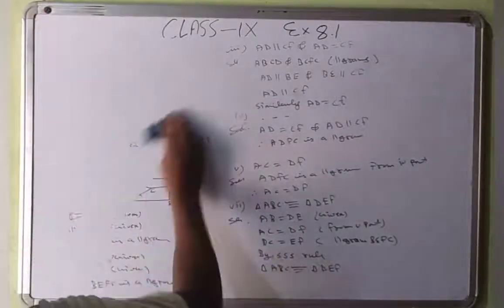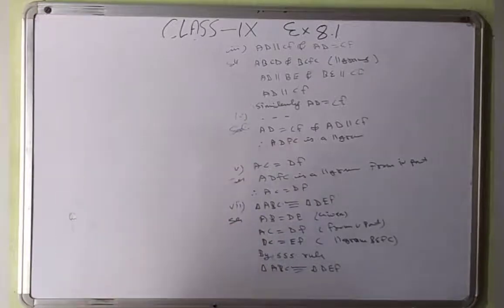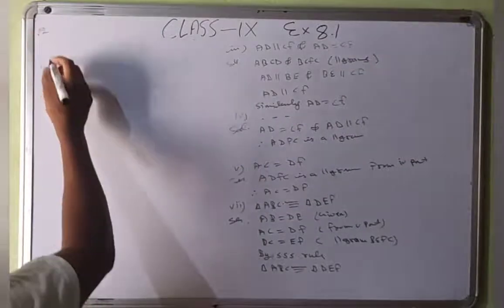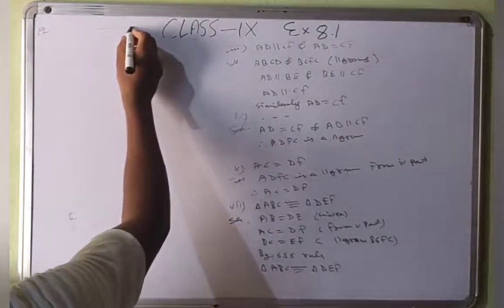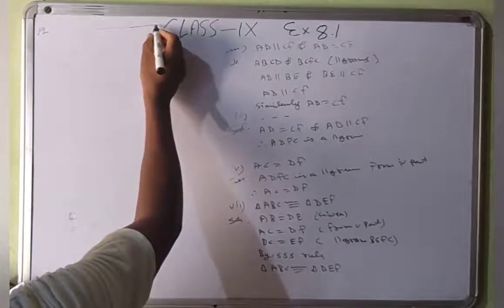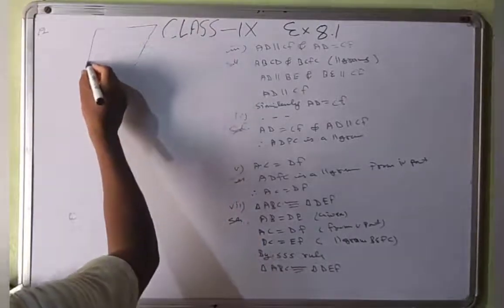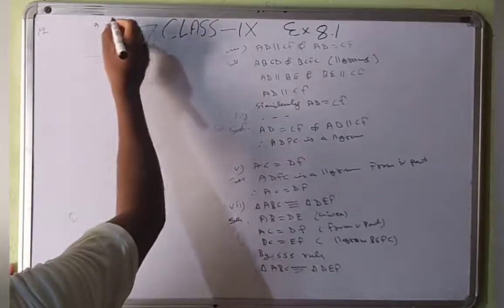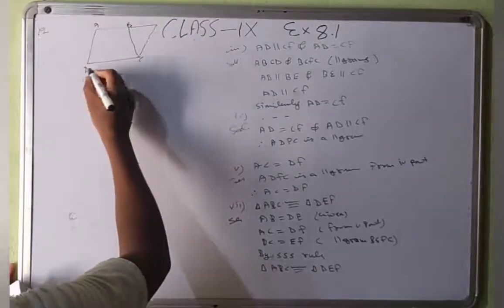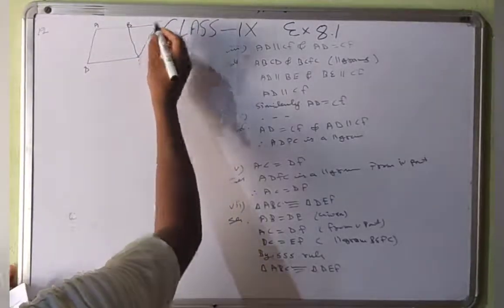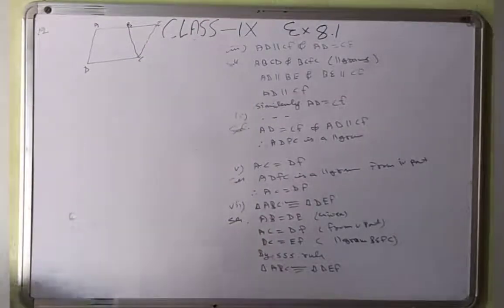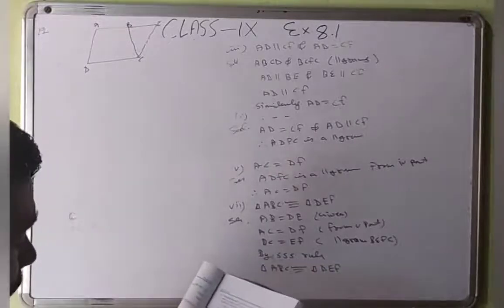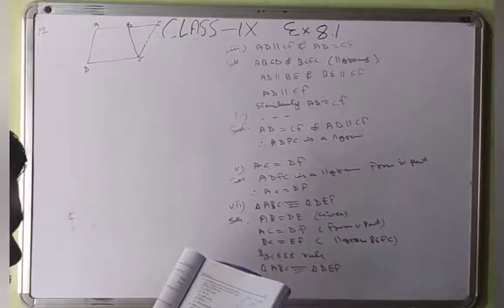Now the last question is a difficult question. Here there are also four parts. 12th question. In this diagram we have A, B, C, D, and then this is E. ABCD is a trapezium in which AB is parallel to CD and AD is equal to BC.